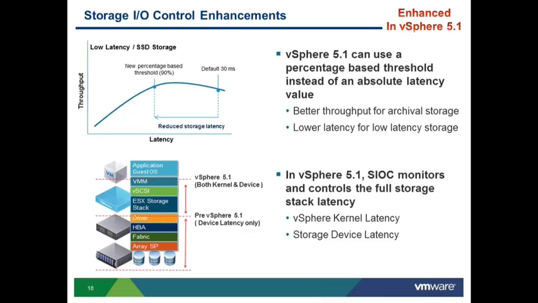In some circumstances, 30 milliseconds might be borderline acceptable as a latency point, but you might actually be expecting 5 to 10 based on the type of arrays that you've got and the type of workload you're running on it. So with storage I/O control, we now have a dynamic threshold that we can set.